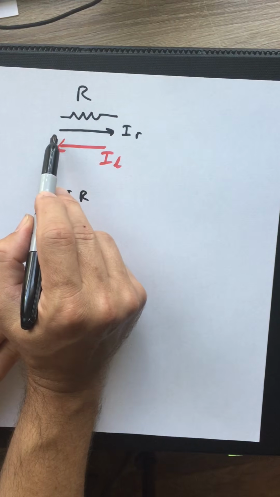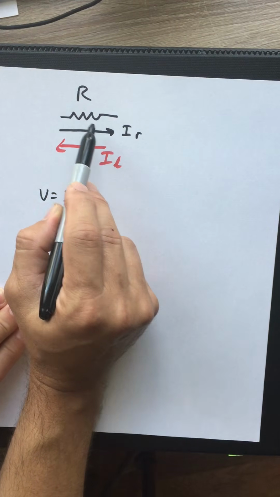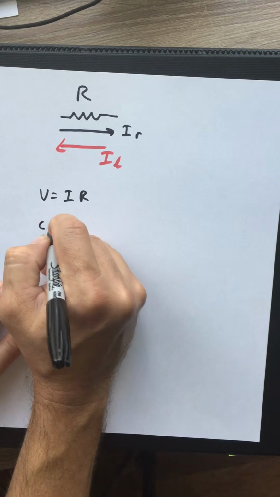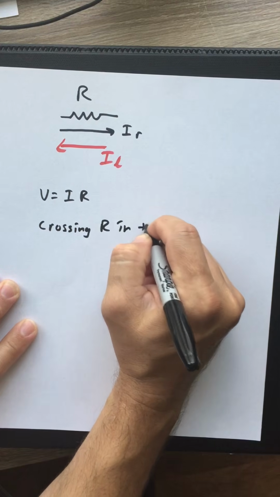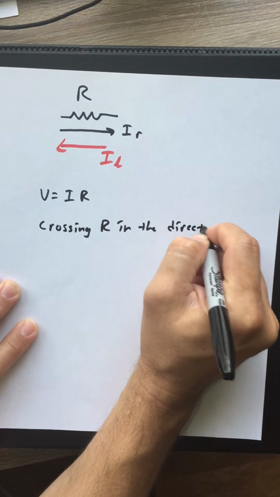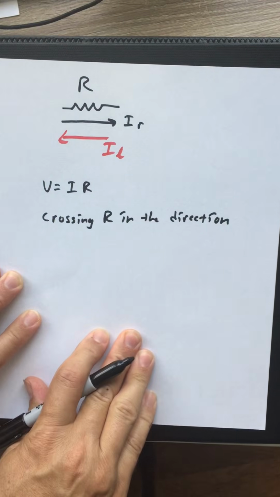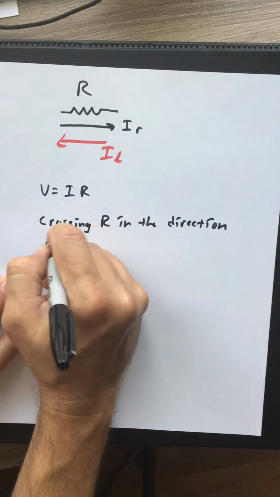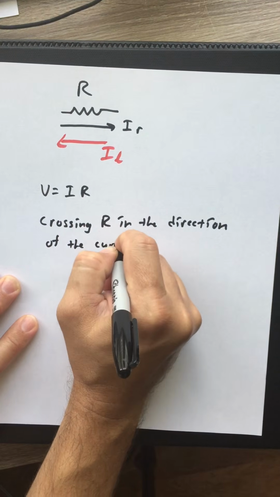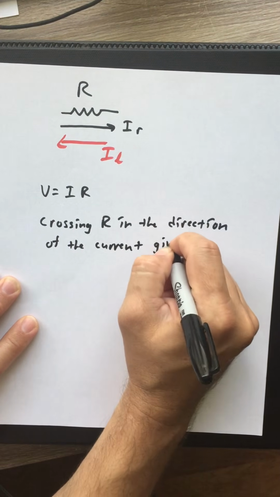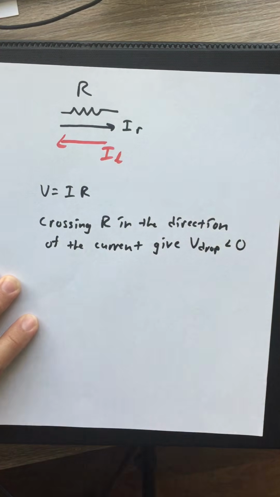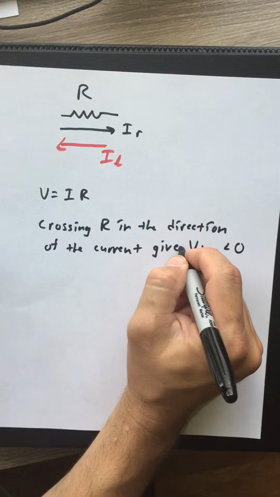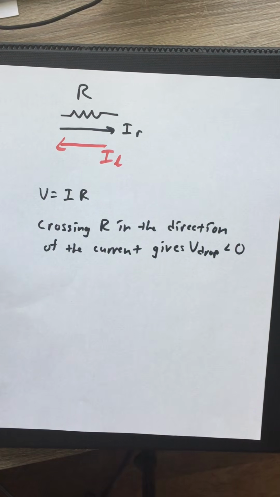If I am following the current in its direction and I go across a resistor, crossing R in the direction of the current gives V drop negative. Crossing R in the direction of the current gives me a negative voltage drop.